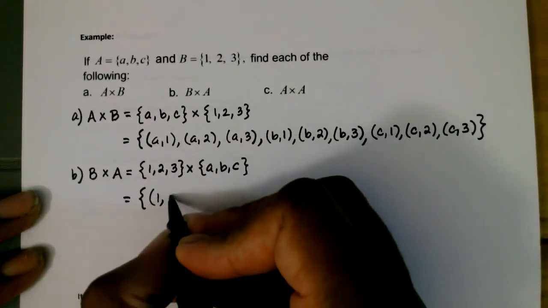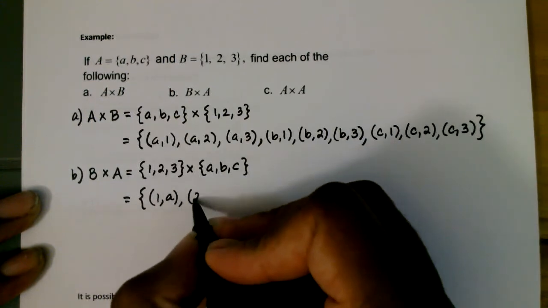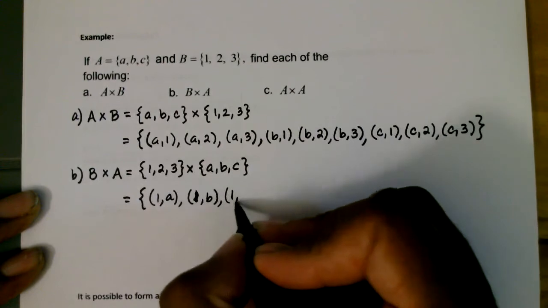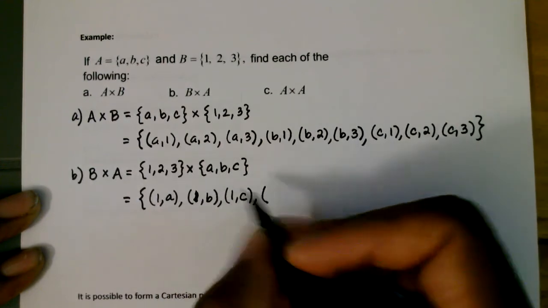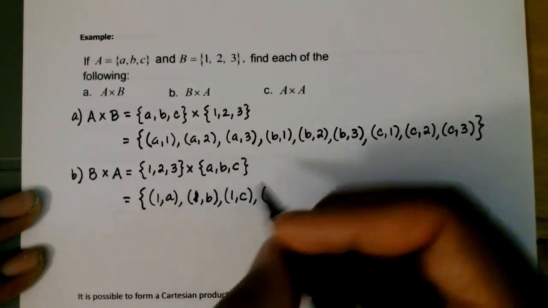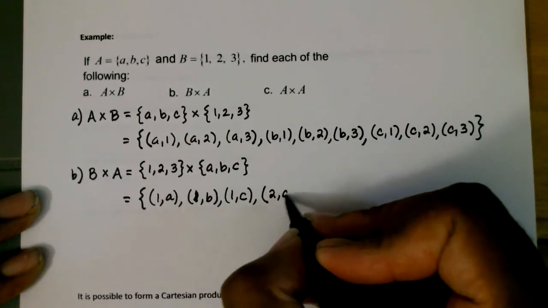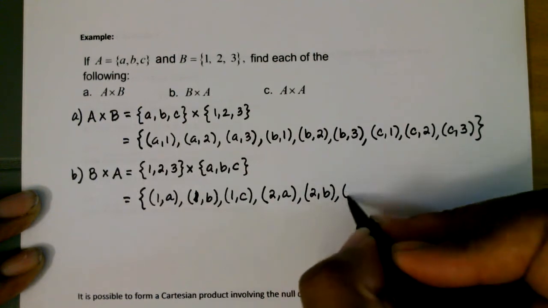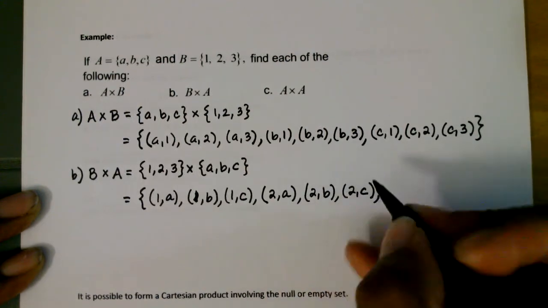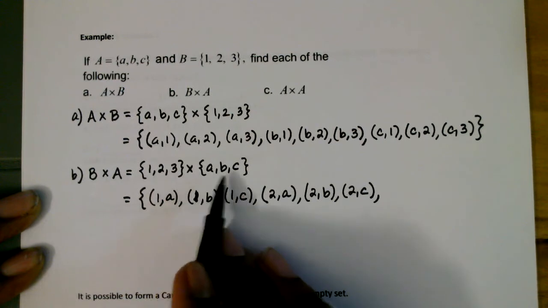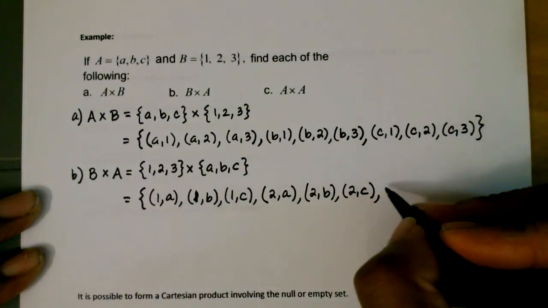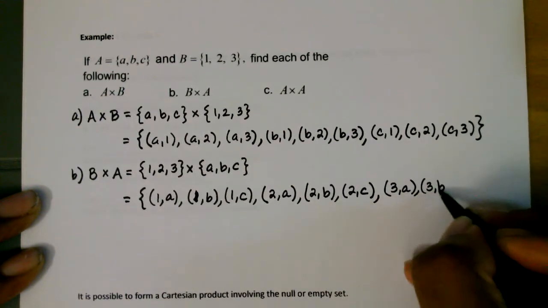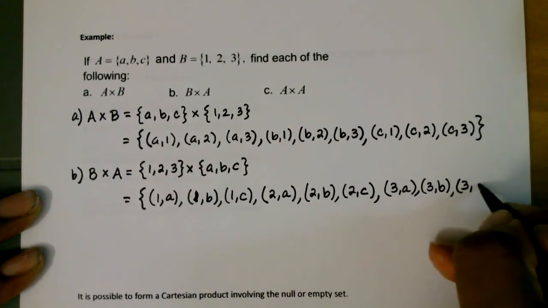So 1 would be paired with a, and then 1 will be paired with b, 1 is paired with c. Then 2 would be paired with each and every element. So here, 2 is paired with a, 2 is paired with b, 2 is paired with c. And then finally, 3 will be paired with each and every element of the second. So 3 is paired with a, 3 is paired with b, and 3 is paired with c.